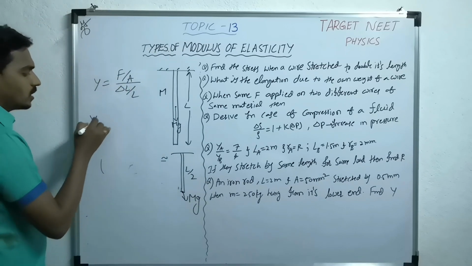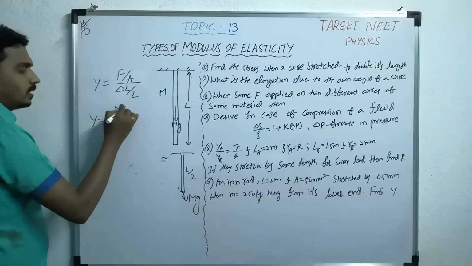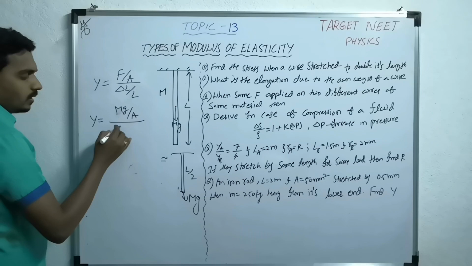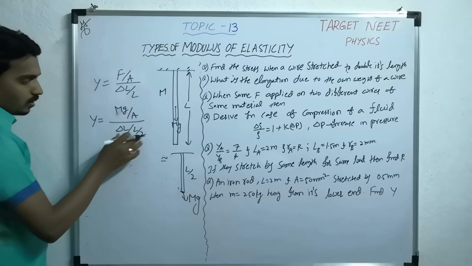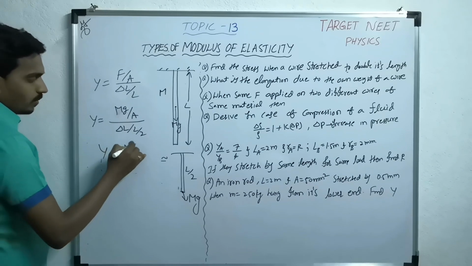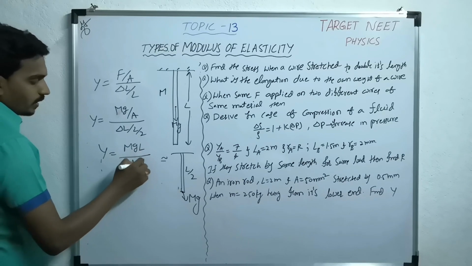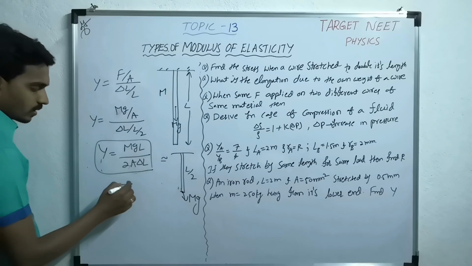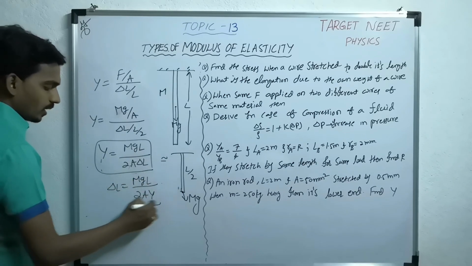So what is the Young's modulus will become? F is mg by area, delta L by L. L is how much? L by 2. So 2 will go up. So Y equal to mgL by 2A delta L, or else the corresponding extension will become delta L equal to mgL by 2AY.